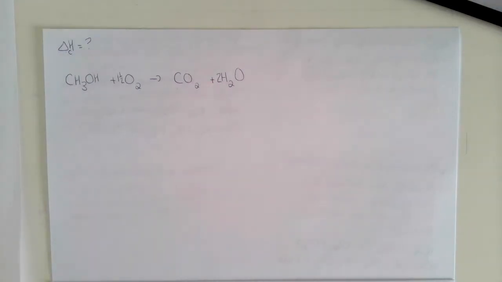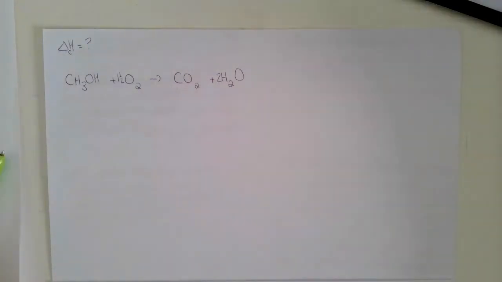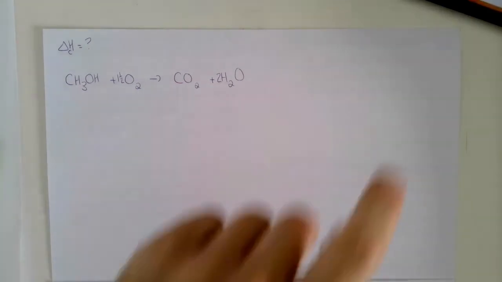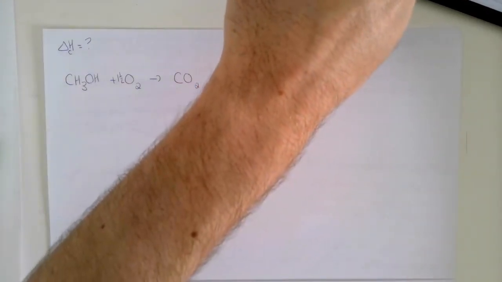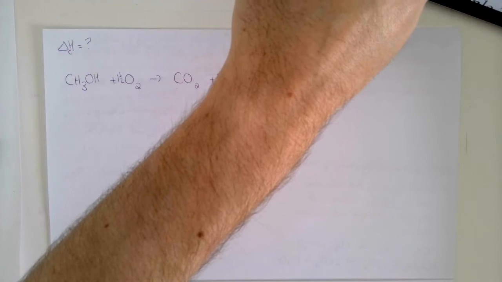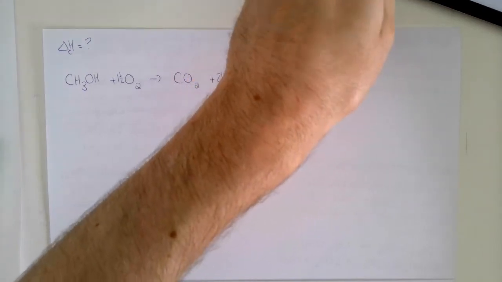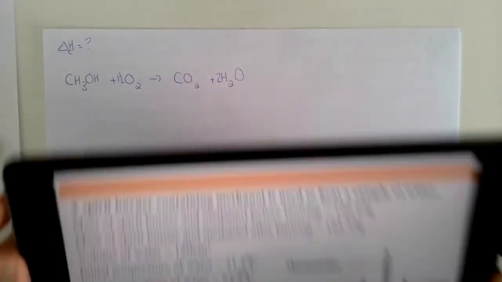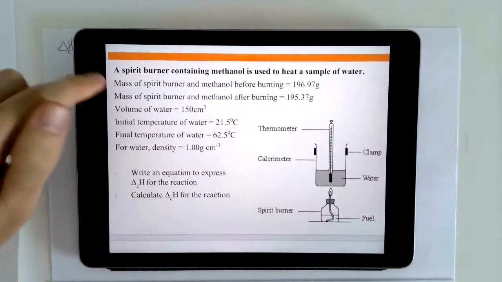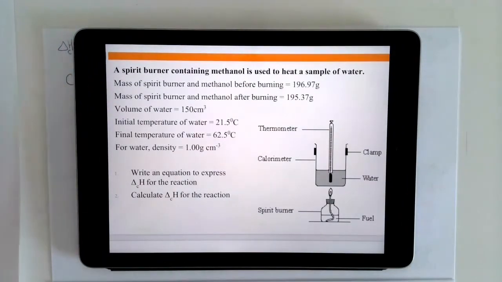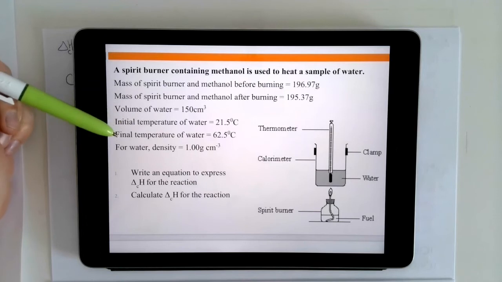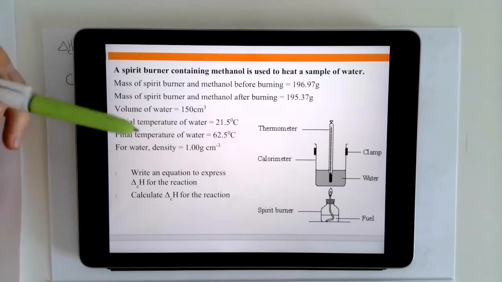I have found a question that has this already set up, so we'll use this question. It says a spirit burner containing methanol is used to heat a sample of water. You've got the mass of the spirit burner before and after, a volume of water, an initial and a final temperature of the water, and then the density.